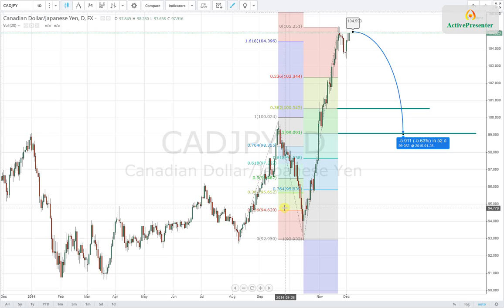So you see that the 1.618 extension is somewhere over here at around 104.39, and then it has tried to move a little further up. But on the whole, it has also achieved the Fibonacci extension target for the upward move.